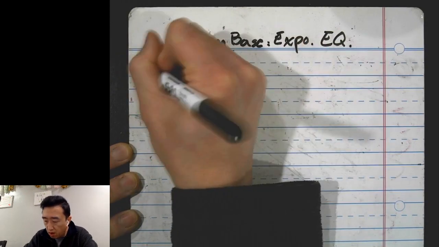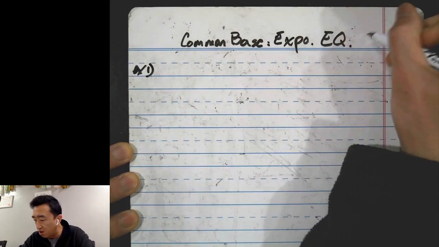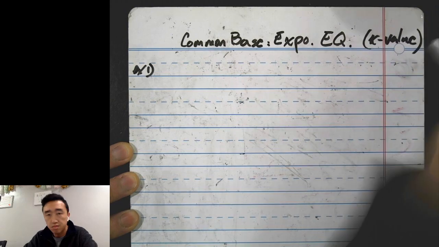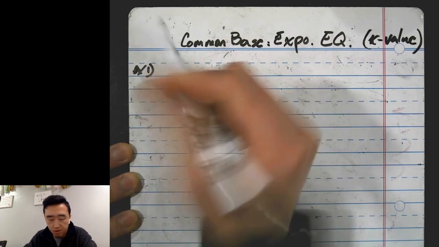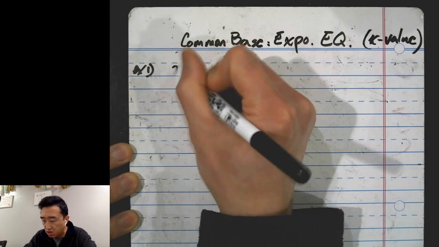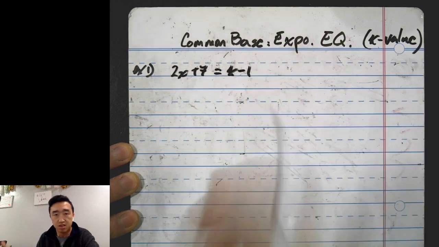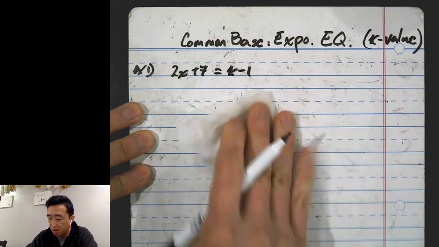So example number one, I want to find out the value of x for all of these, right? X value. I want to find the x value in all these situations. And if the problem was as easy as 2x plus 7 equals x minus 1, that's just a normal equation that you guys have done 100 times, right?